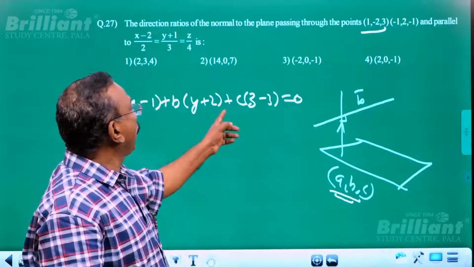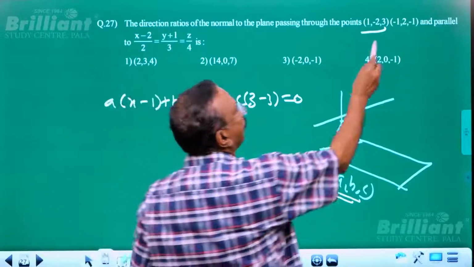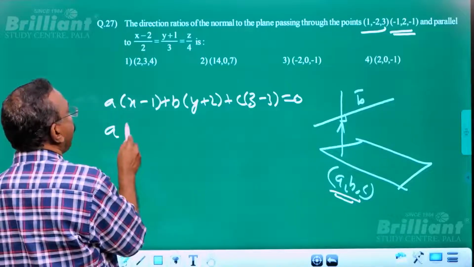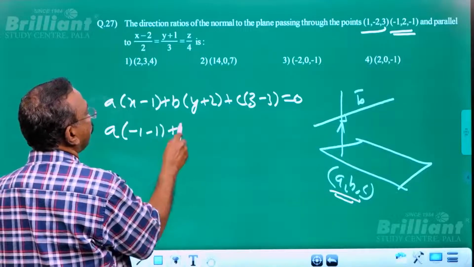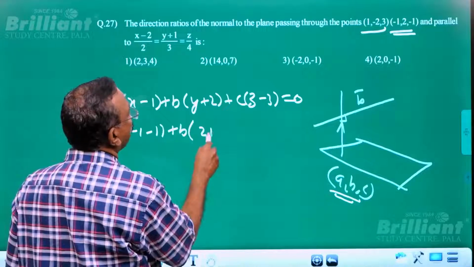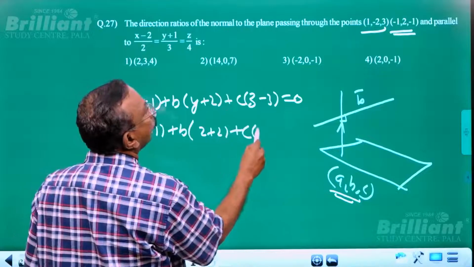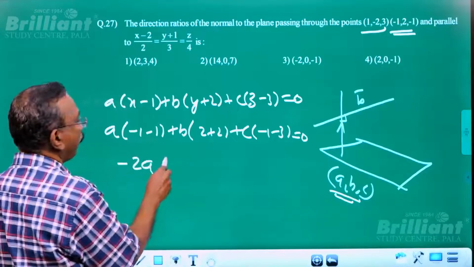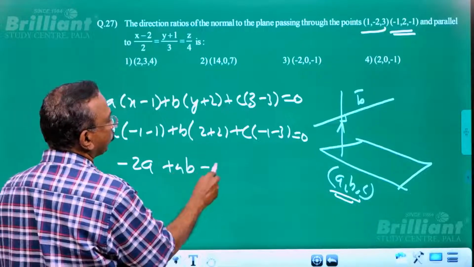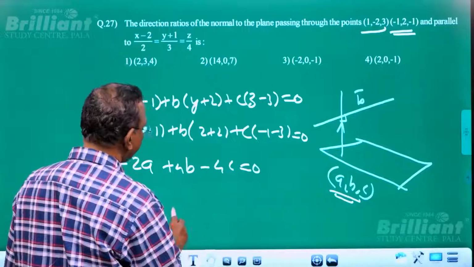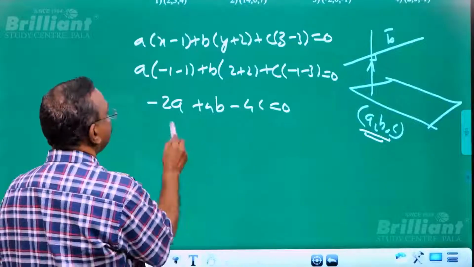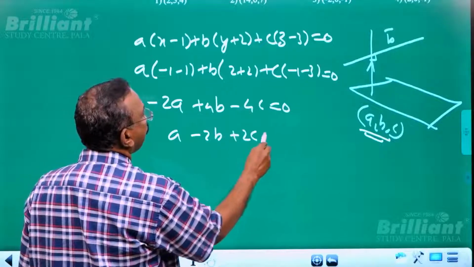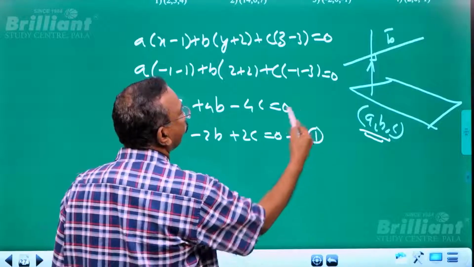So this plane contains this point, so we can replace x with minus 1. That is A into (minus 1 minus 1) plus B into (2 plus 2) plus C into (minus 1 minus 3) is equal to 0. That means minus 2A plus 4B minus 4C equals 0. Now dividing by minus 2, we write A minus 2B plus 2C equals 0. Keep this as equation 1.